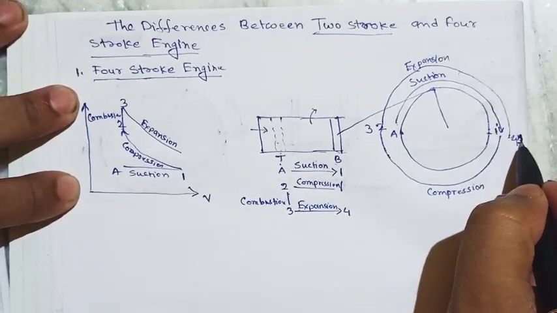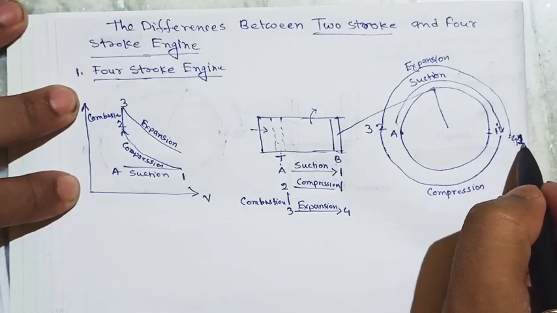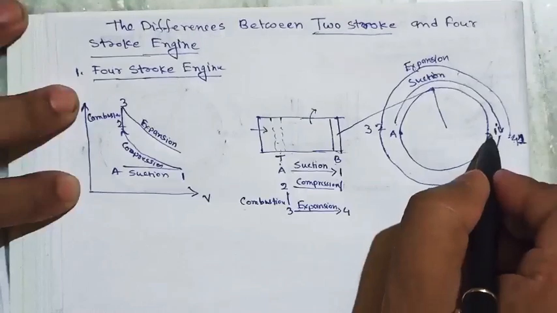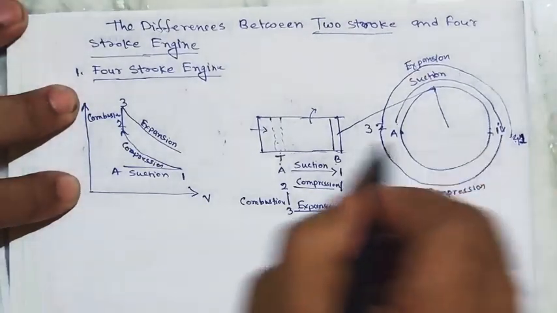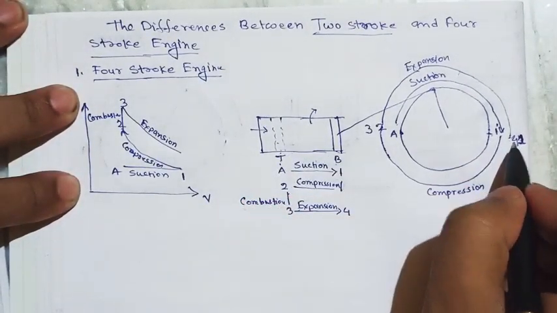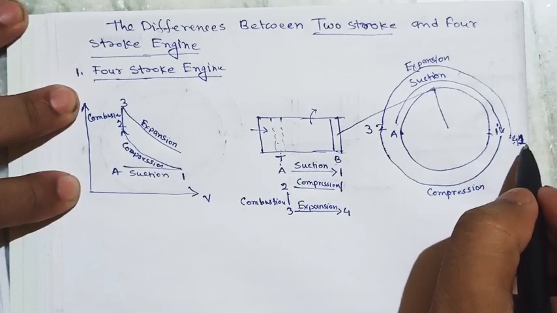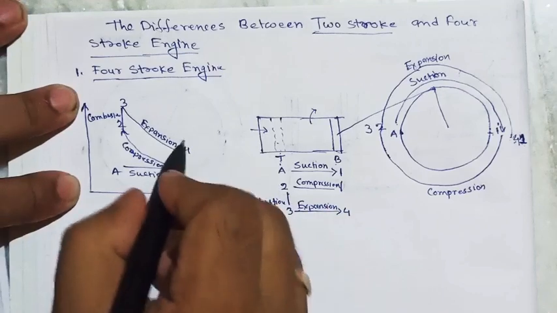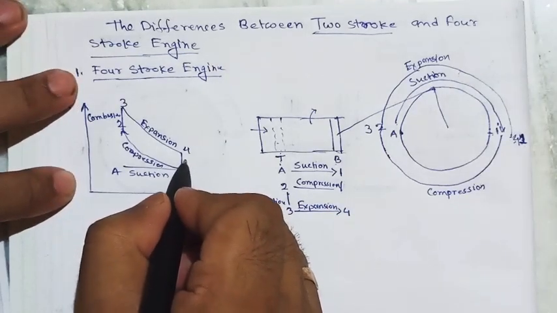This is the 4 to 1 process. The piston is not moving, so the 4 point and 1 point will be the same. So this is 4, and this will reach 1. So this process is heat rejection.